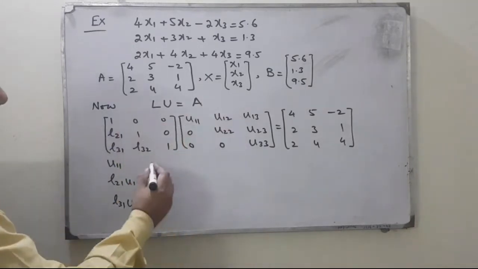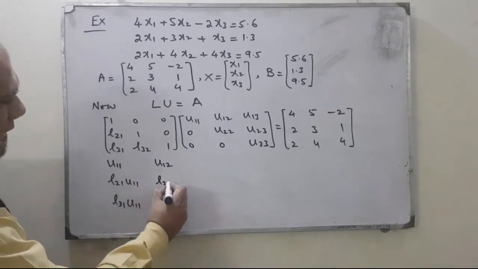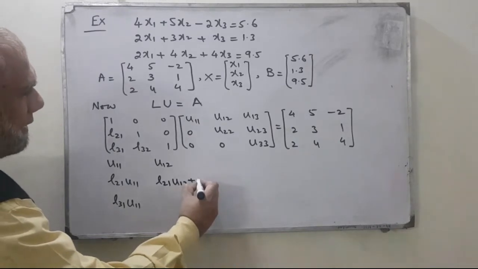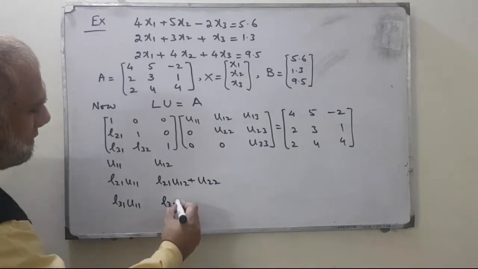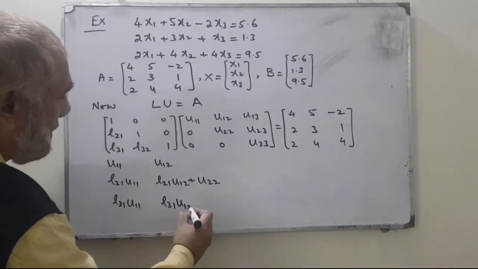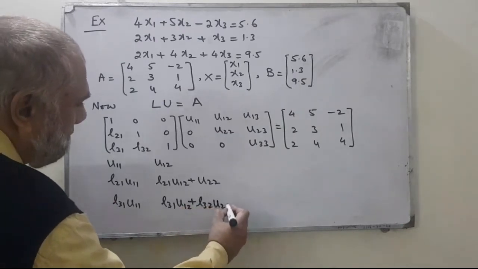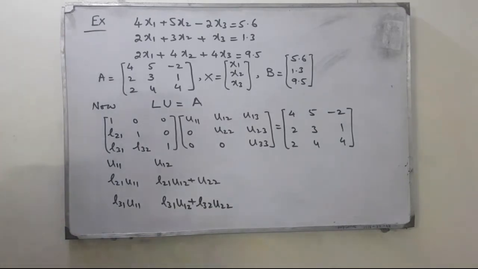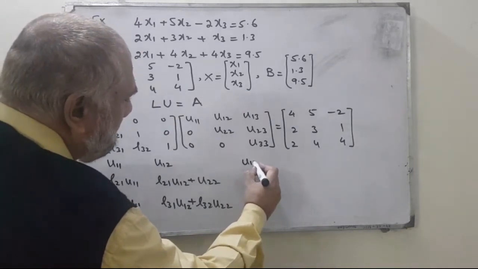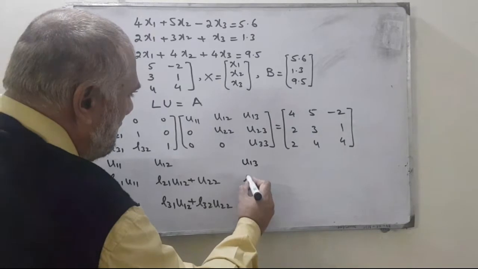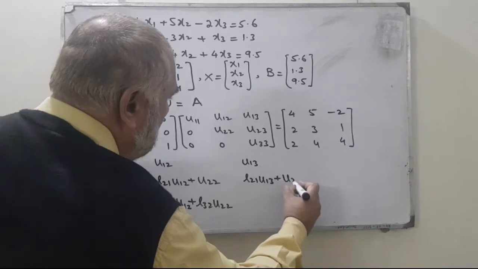So these are the three entries for column number 1. First row, column number 2, gives you U12. Second row, column number 2, gives L21 U12 plus U22. Third row, column number 2, gives L31 U12 plus L32 U22. So we got three more entries for column number 2. One more column is there. Row 1 with column 3 gives U13. Row 2 with column 3 gives L21 U13 plus U23.